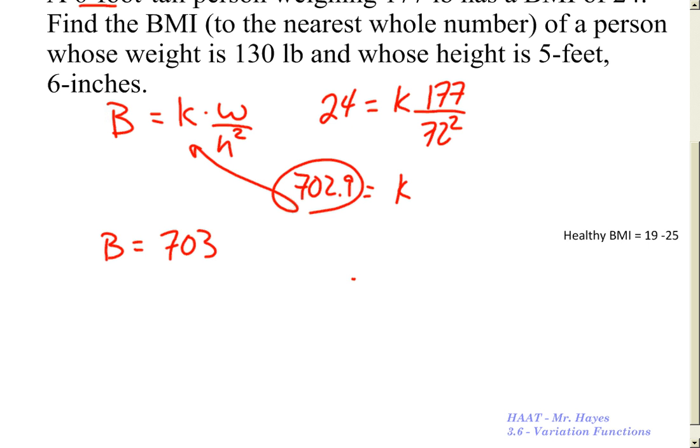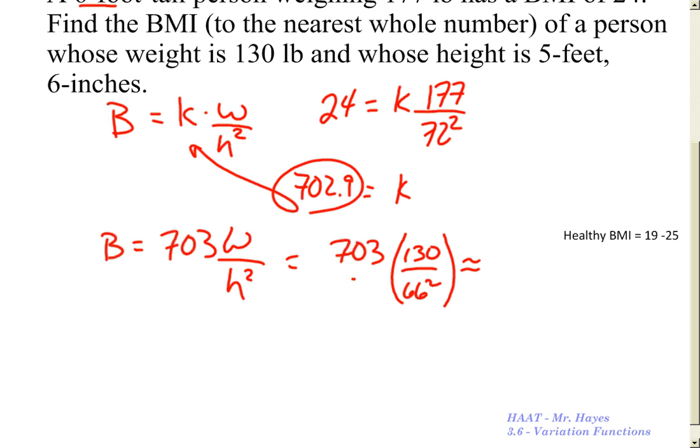So 703 times somebody's weight divided by their height squared. So in this case, I have the constant of 703 times their body weight of 130 divided by 5 foot 6 inches, which is 66 inches, so squared. And that's going to equal, and again, they say right to the nearest whole number, so you get 703 times 130.